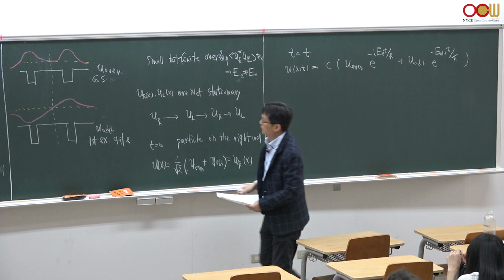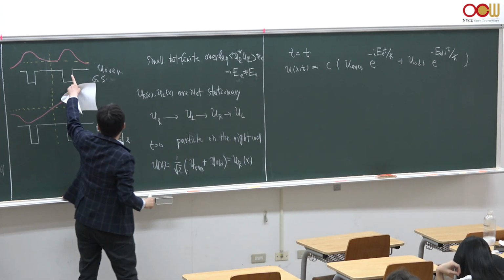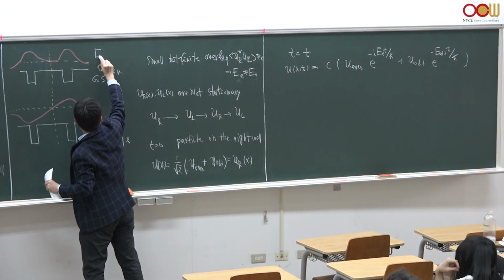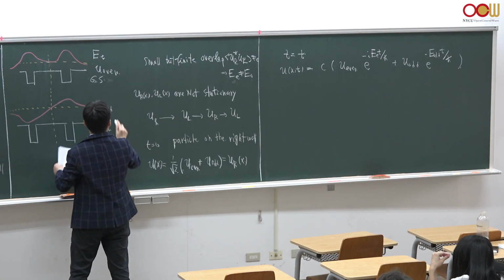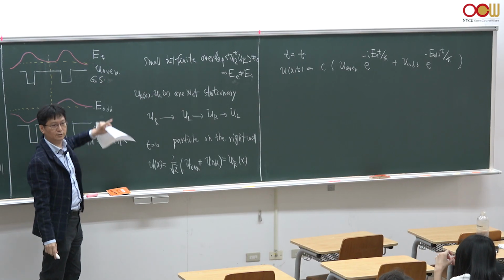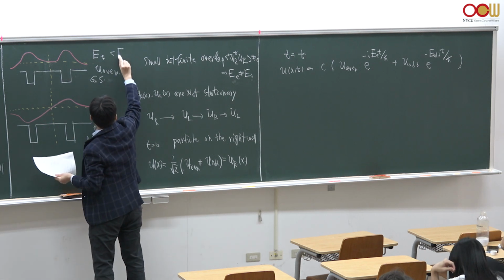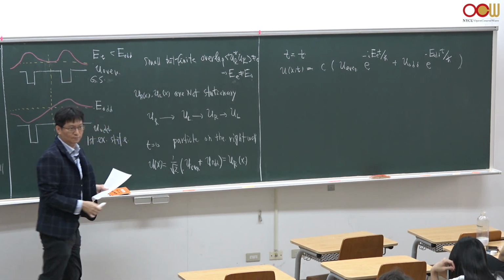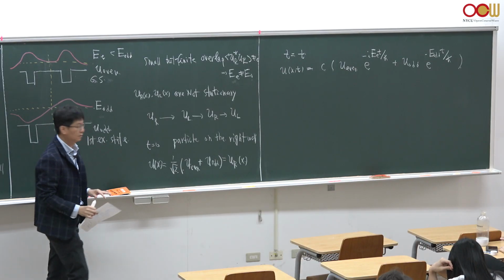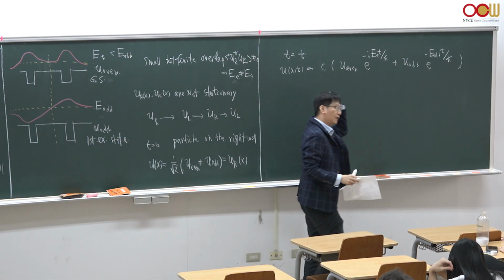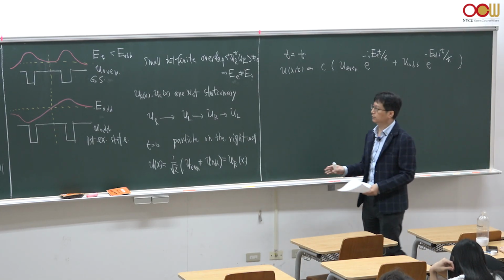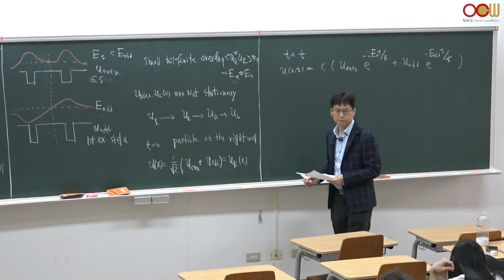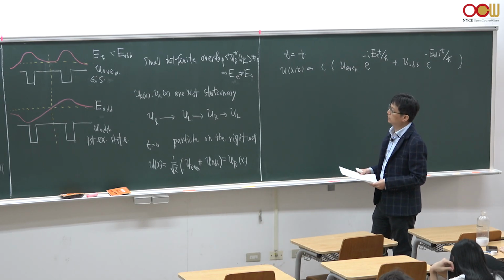As I mentioned, the energy of U even, capital E even, is not the same as capital E odd, because capital E even is the ground state and should be less than capital E odd, for the argument that I just presented. Because of parity consideration, the even parity state must be the ground state, and the odd parity state must be the first excited state. As a result, capital E even is smaller than capital E odd.